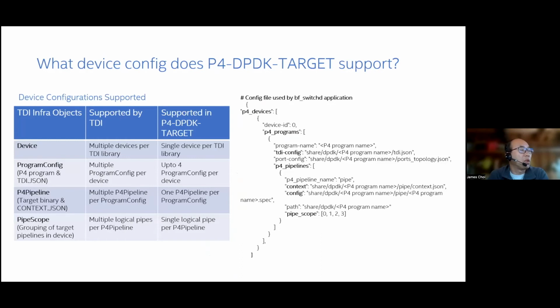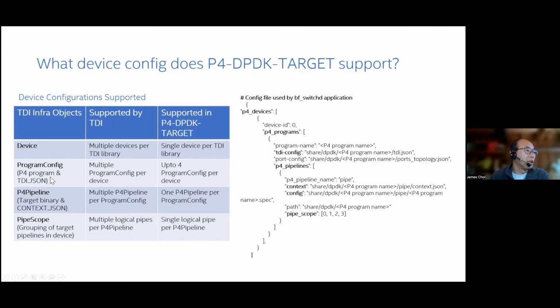Before we discuss more on these classes, I want to highlight some TDI infrastructure objects. There are infrastructure objects like a device, and a device has a pipeline target. There is also something called program config in the TDI that corresponds to a P4 program. For each program config construct, there's a P4 program and the accompanying TDI JSON files.